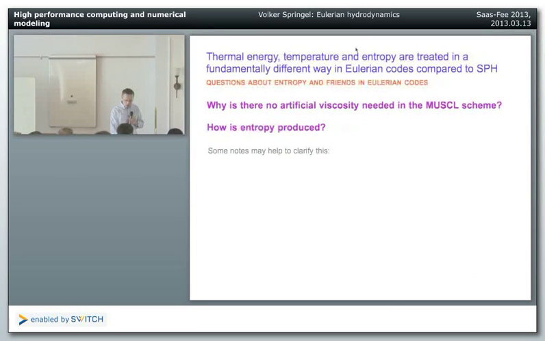So maybe a few comments are now in order. What I've just shown you is a complete algorithm to write an Eulerian code that is actually quite accurate, quite decent. And similar schemes are used, at least as far as second order accuracy is concerned, by codes like Athena or Ramses, also Arepo.